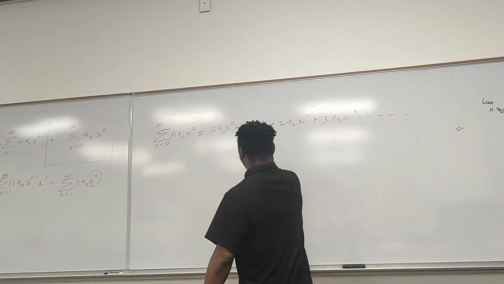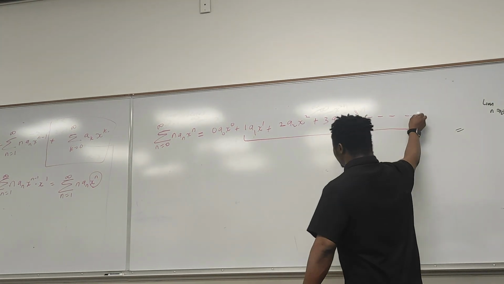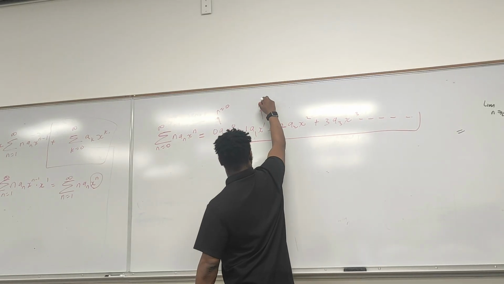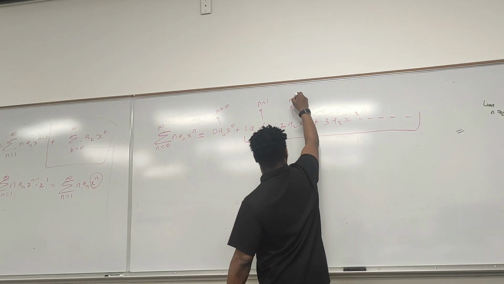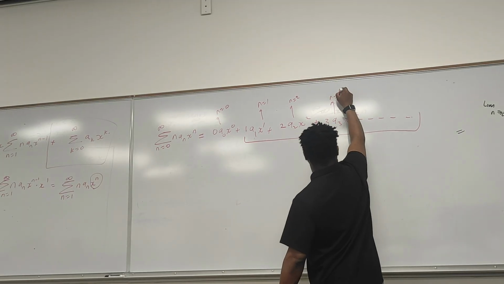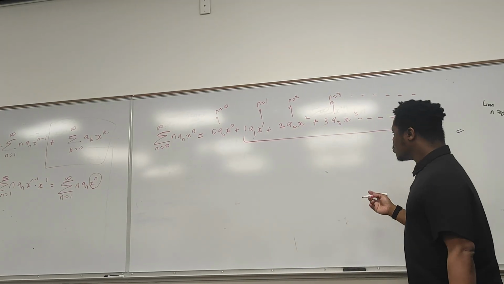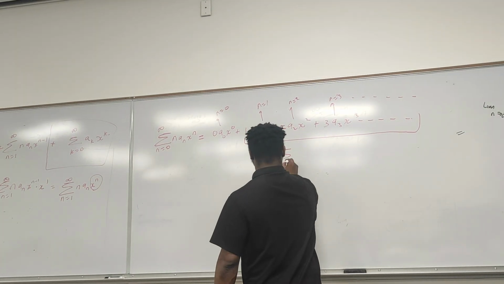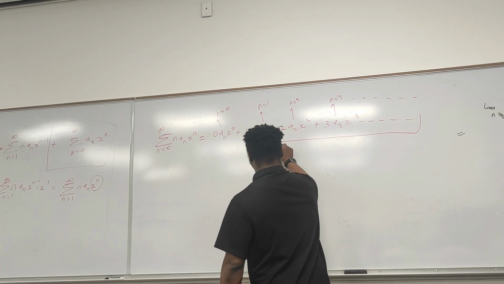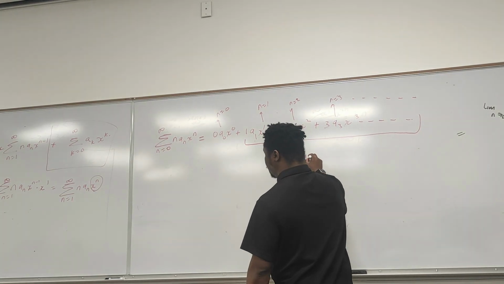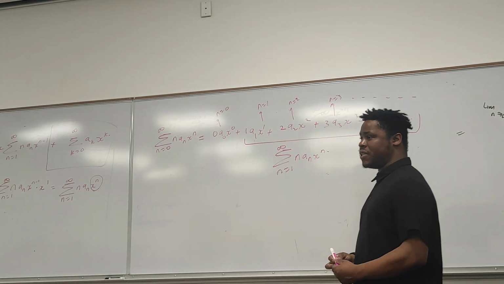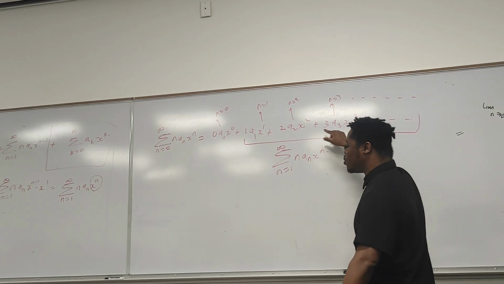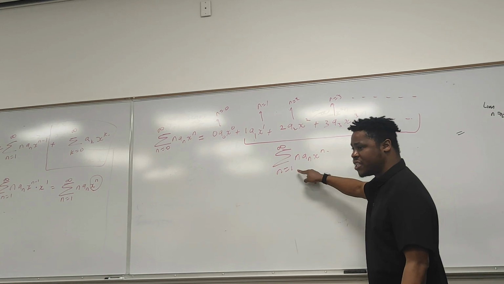So because this is n is 0, this is n is 1, this is n is 2, this is n is 3, and you keep going, everything from here is the same thing as saying summation n starting from 1 also to infinity n a_n x to the power n. Do you agree with me? Yes, because this is n starting from 1, 2, 3 to infinity. So now it's n to the 1, the same series.